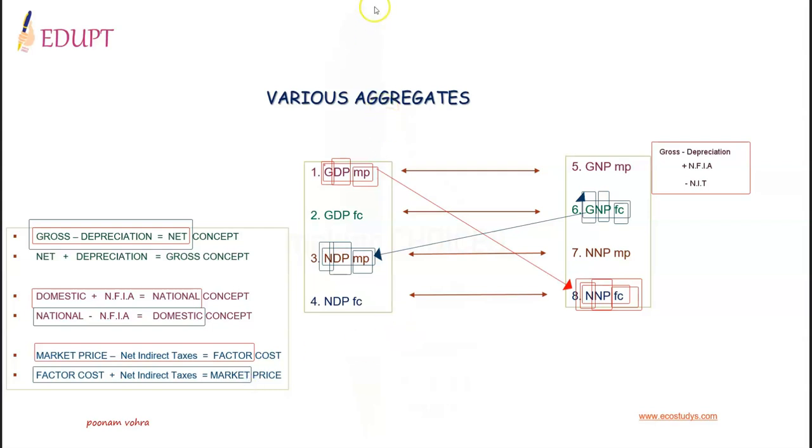So the equation then becomes GNP at factor cost minus depreciation minus net factor income earned from abroad plus net indirect taxes to get NDP at market price. In the similar manner, by applying these equations, one can have relationship between any of the aggregates.